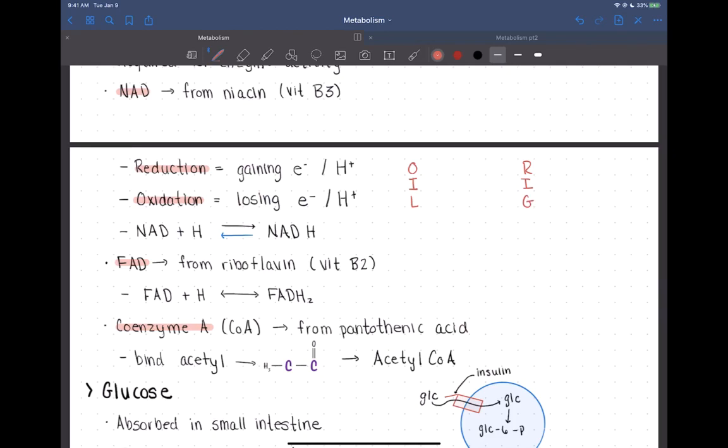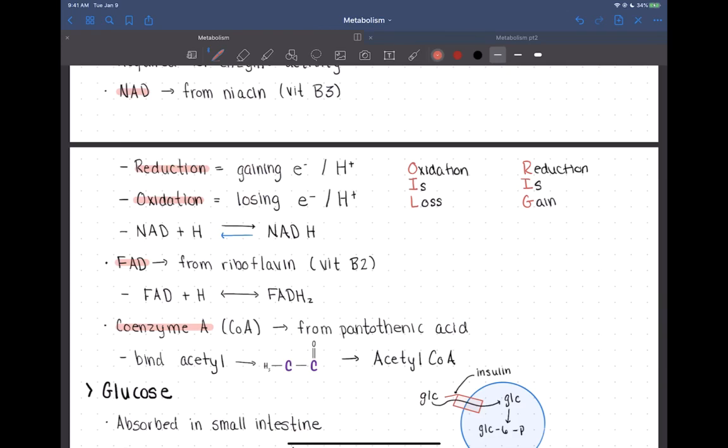What that stands for is oxidation is loss, because you're losing an electron, and reduction is gain, because you're gaining an electron. All right, and that's always how I remember it, oil rig. So oxidation is loss, reduction is gain. So you're gaining an electron or a hydrogen with reduction, and you're losing one with oxidation.